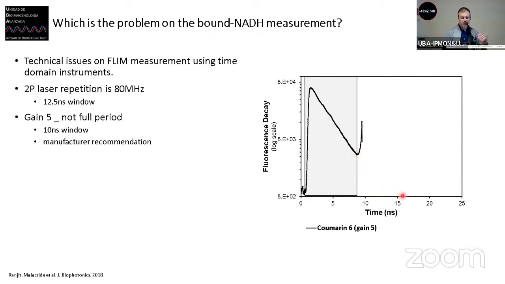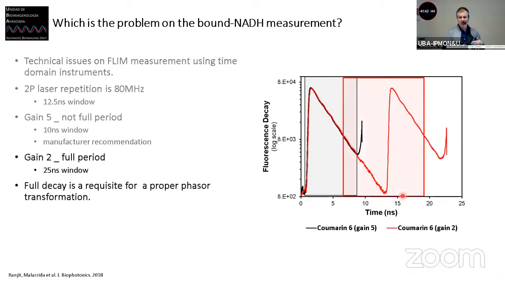Well, we managed to solve this problem in time correlated photon counting this way: you collect 2 periods. This just changes how the card acquires the data. You can set a period between 2 pulses, and you will have a full decay. And in that case, I will show you in a minute that the transformation to the Phasor works very, very good, as good as the frequency domain.